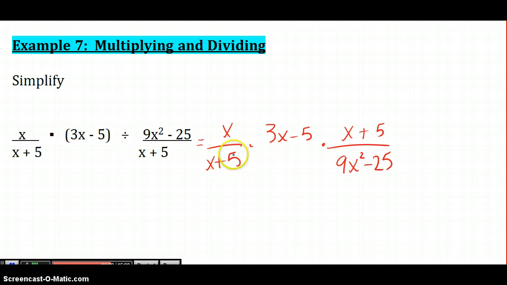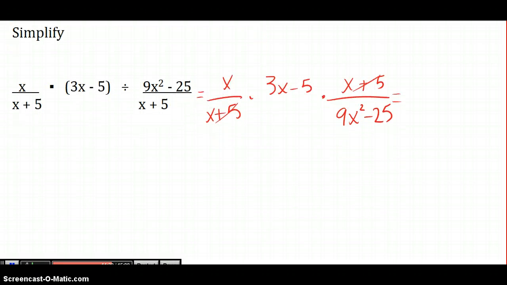So here we can already see that these x plus 5s are going to cancel out because one's on top, one's on the bottom. Let's factor this right here. So I'm going to move down. I have x times 3x minus 5 times 1 over, because the x plus 5 canceled out.